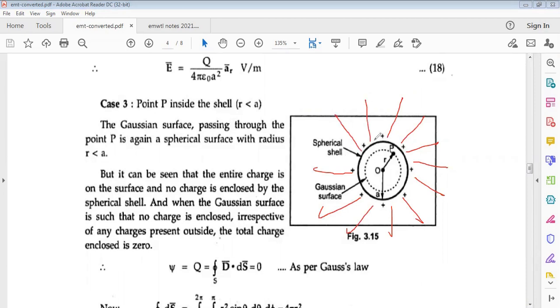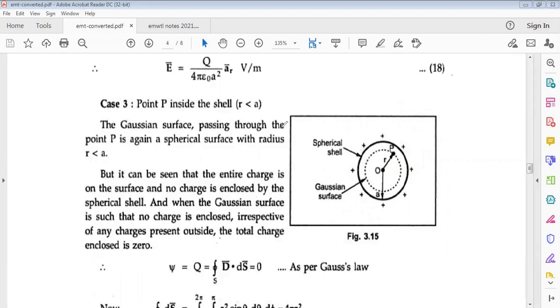On the shell there is also an effect. But if it is inside, there is no effect on the Gaussian surface. So it becomes 0, the charge Q enclosed is equal to 0.